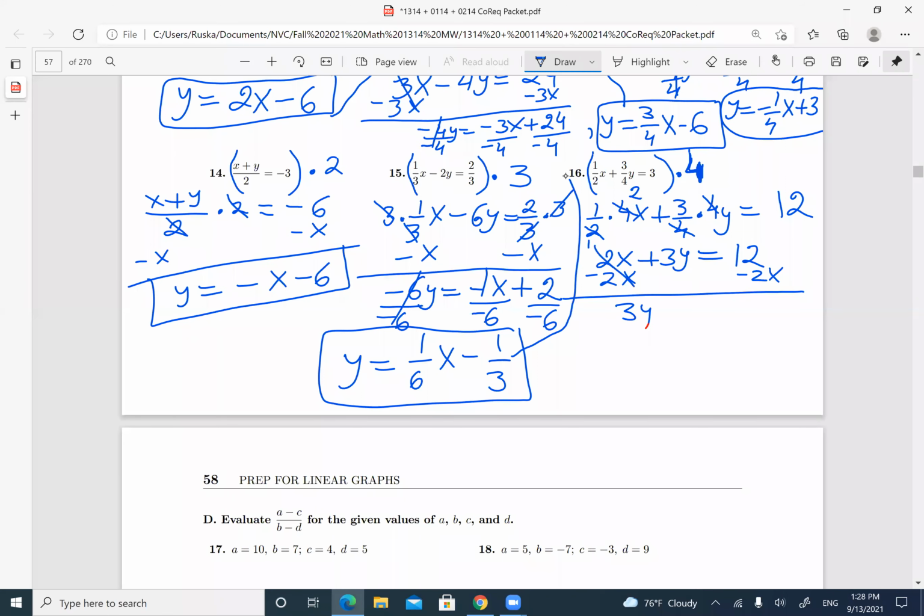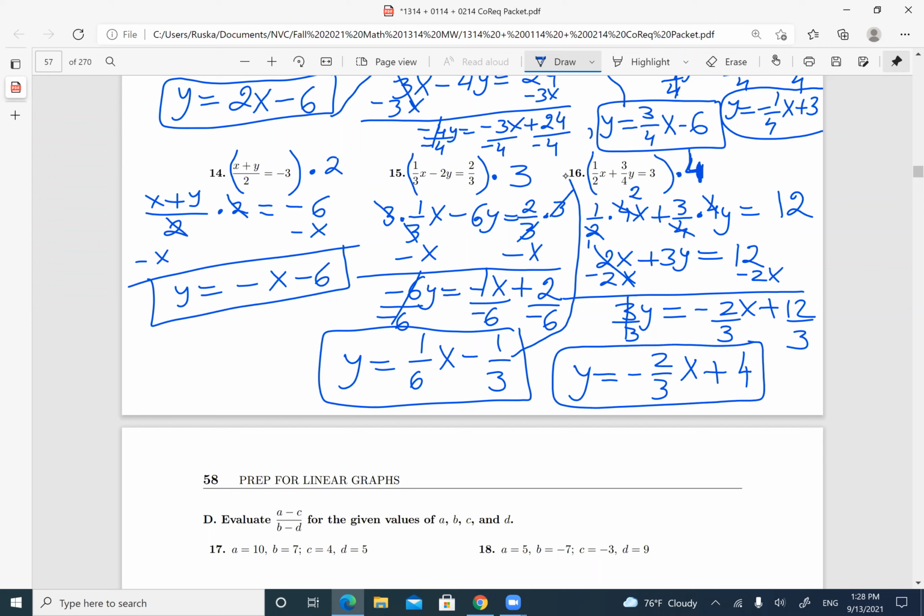So I have 3y equals -2x plus 12, and then everything over 3. We have y equals -2 over 3x plus 12 divided by 3 is 4. Okay. Any questions on this one?